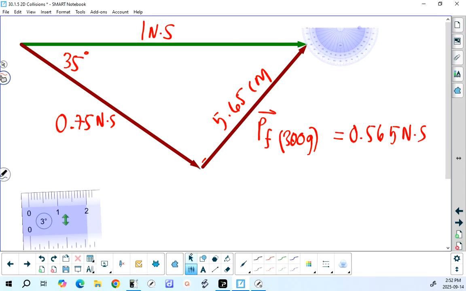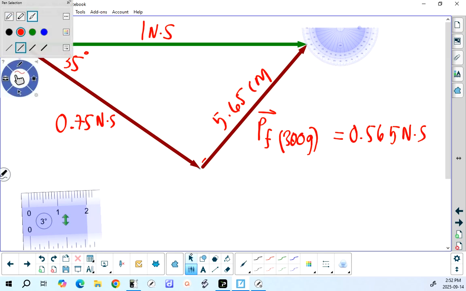Remember that the length in centimeters is 10 times greater than the actual magnitude of the momentum. Now we also need to determine the direction. And the direction that this brown vector is pointing, let me highlight the vector for you. The direction that this is pointing needs to be described starting an angle drawn at where the vector starts.